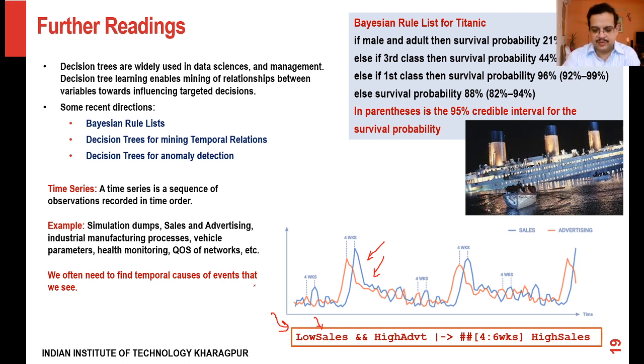Companies which maintain networks, like Ericsson, have to deal with managing the overall performance of the network over time, and they rely on the time series data from the past to take a lot of decisions, and then decision trees are used to come up with those decisions.